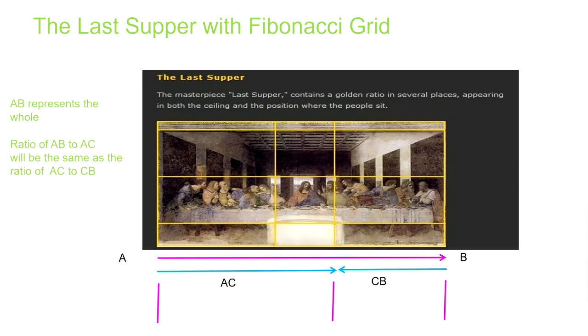Let me go back again. There we go. So this is a very proportioned, very harmonic, symmetrical painting, and many artists used, whether they were aware of it, I believe a lot were aware of the Fibonacci ratios and sequence, and consciously used it in their work.